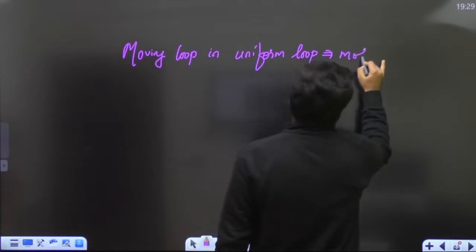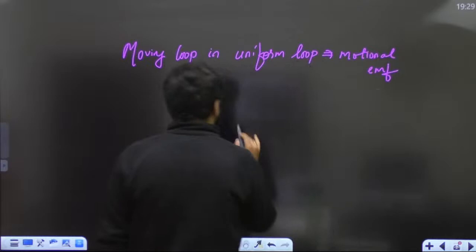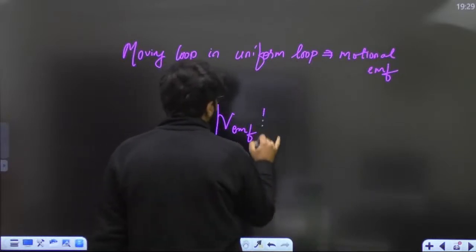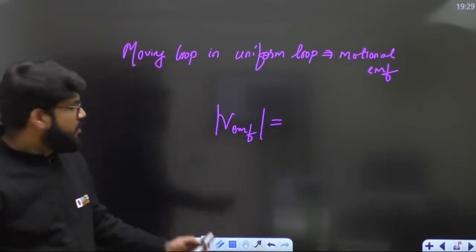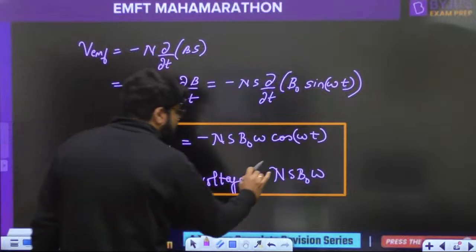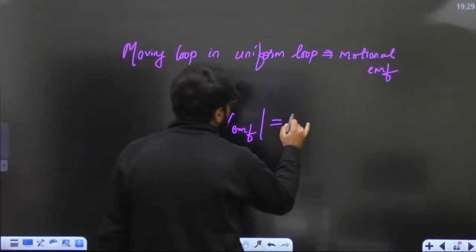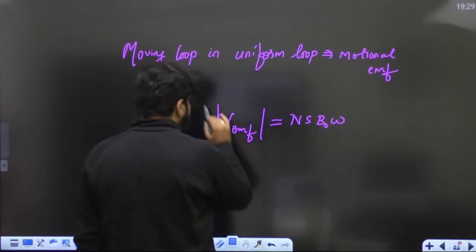The type of EMF that is developed is known as the motional EMF, whose amplitude is given by, coincidentally, the same formula. Let me tell you the final formula for peak voltage: it remains the same, NSB naught omega. Simply remember the same formula here, NSB naught omega.